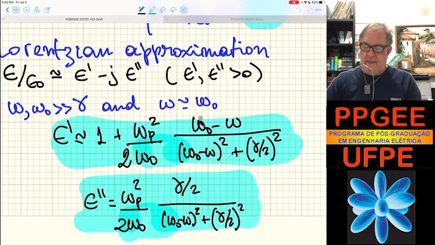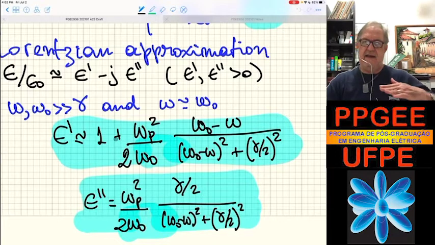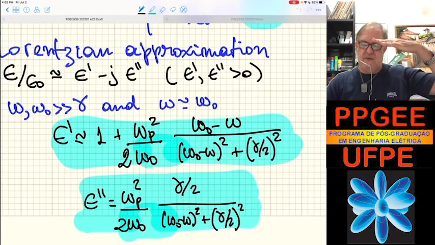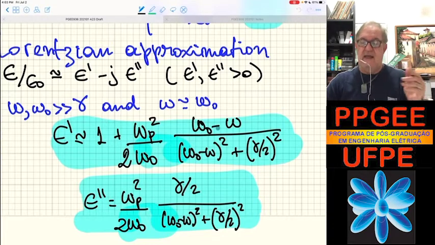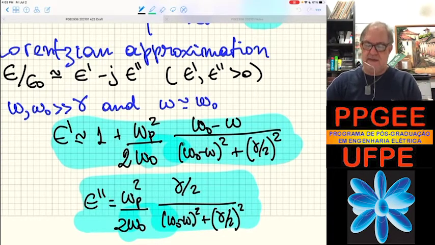For frequency smaller than the resonance frequency, we have an increase of the permittivity relative to 1. It's larger than 1. If we go beyond the resonance frequency, we have the anomalous dispersion. Permittivity is going to be less than 1, 1 minus something here, right?